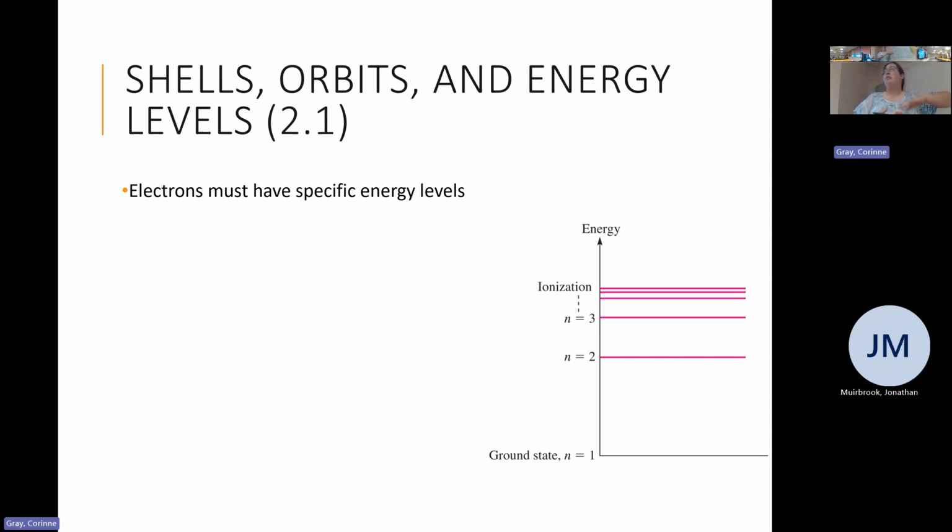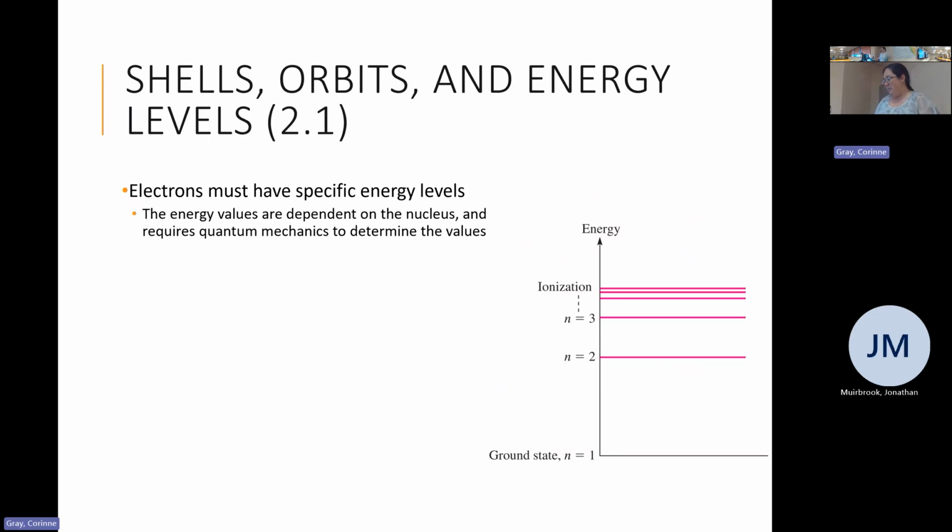As you get further and further away, that energy or that attraction between the negative and the positive charges gets smaller and smaller. And eventually, if an electron has enough energy, it can be ionized. With the ionization, that basically just means that electron is now free and it is no longer associated with that particular atom.